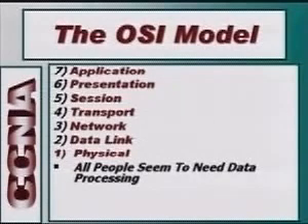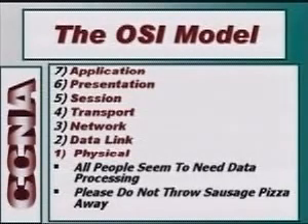You can also remember it from the bottom up. From the bottom up, there's an old way to remember it, which is, please do not throw sausage pizza away. And this has been remembered by network administrators since the 1980s.